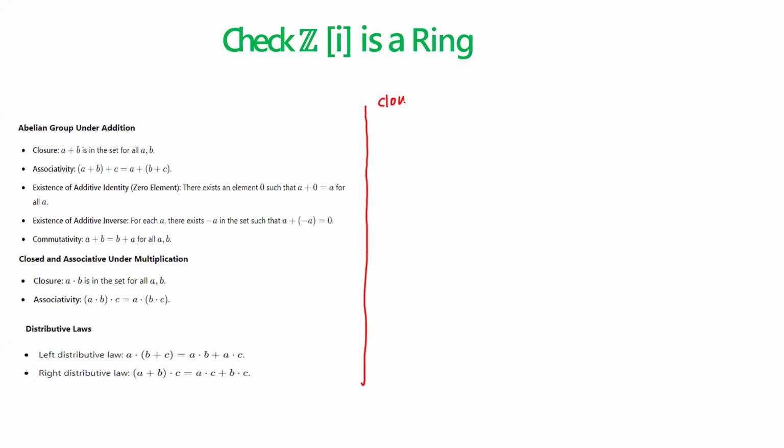closure under addition and multiplication. For that, let us take z1 equal to a plus bi and z2 equal to c plus di from the set of all Gaussian integers. Here, a, b, c, d are all integers. Now we check for addition.